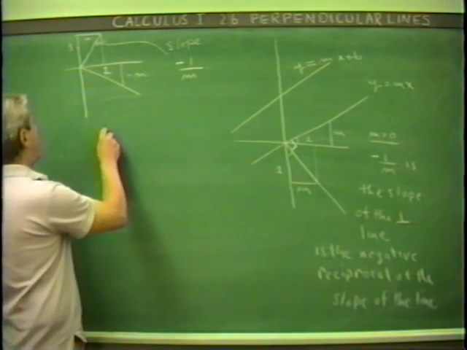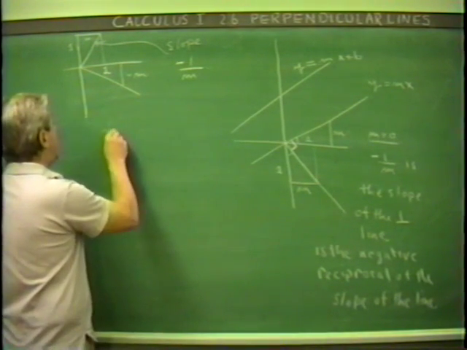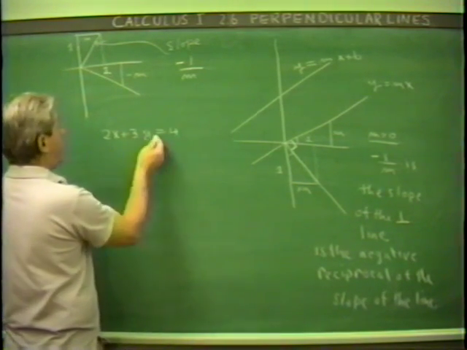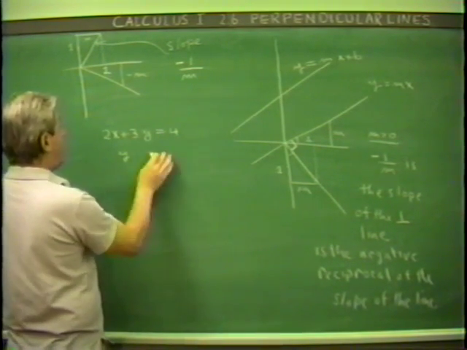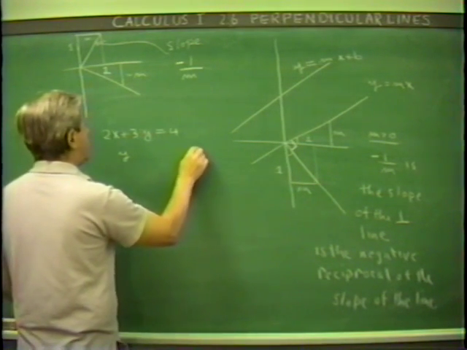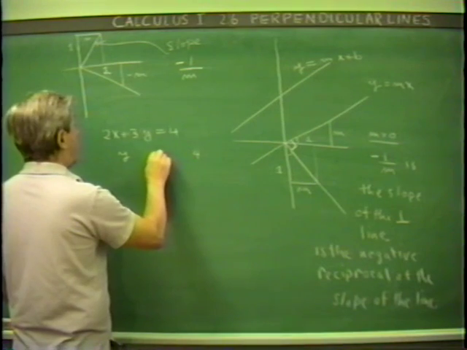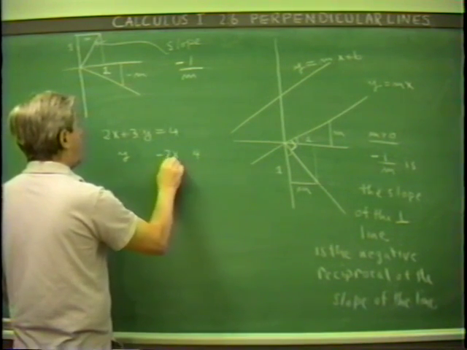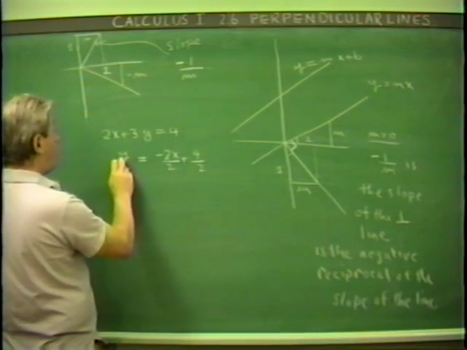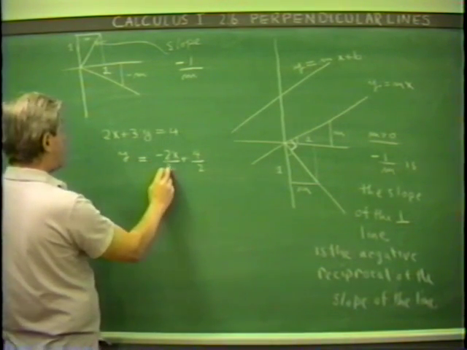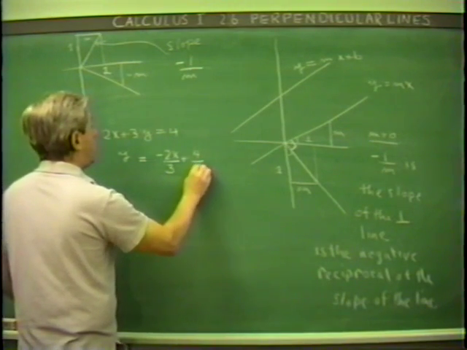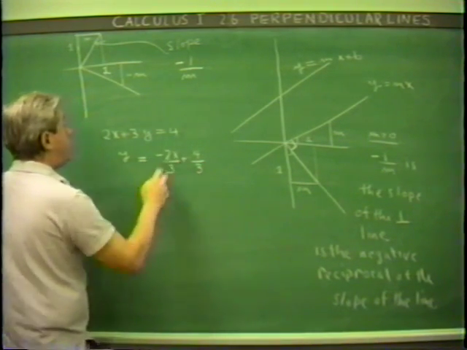So, for example, if we had the line 2x plus 3y is equal to 4, then we can find the slope of this line by putting it in slope-intercept form. We get that y is equal to (4 minus 2x) divided by 3. So y is equal to minus 2/3 x plus 4/3.